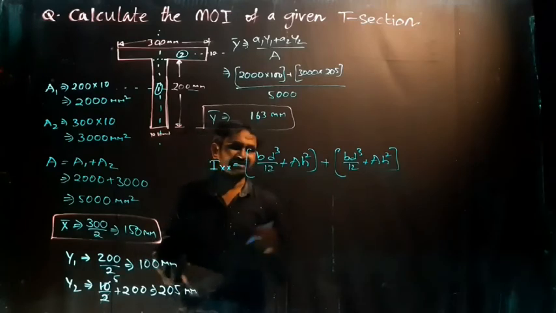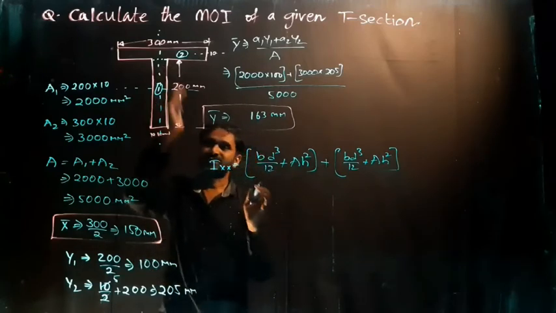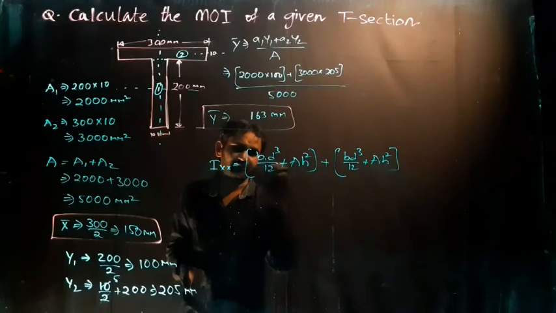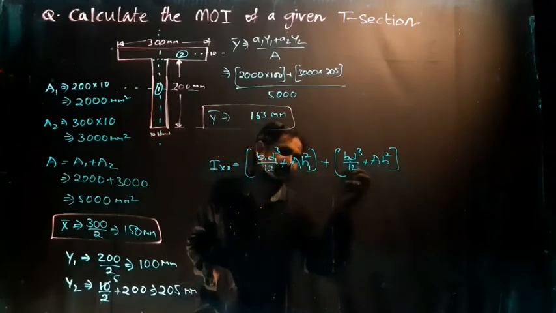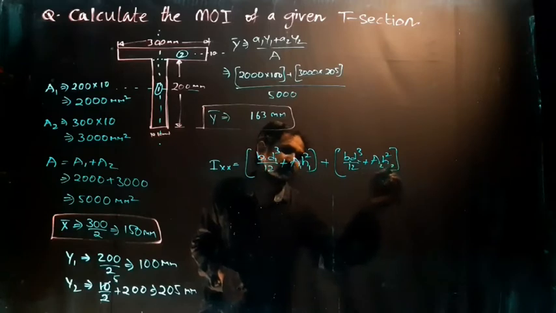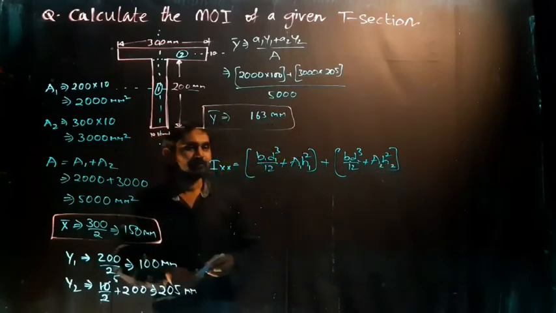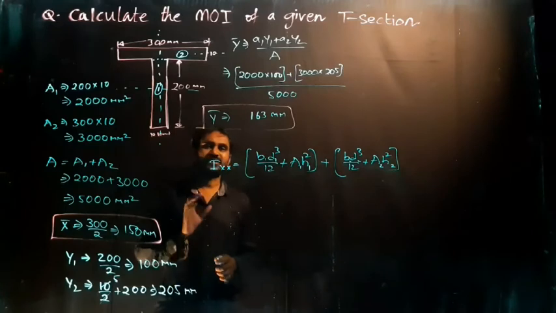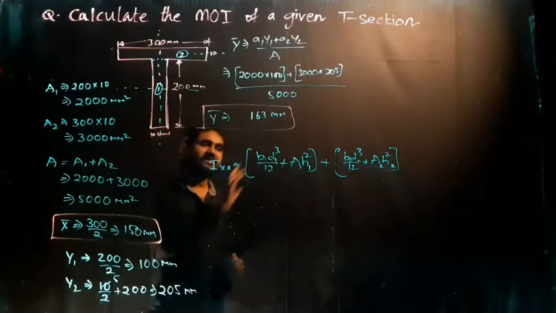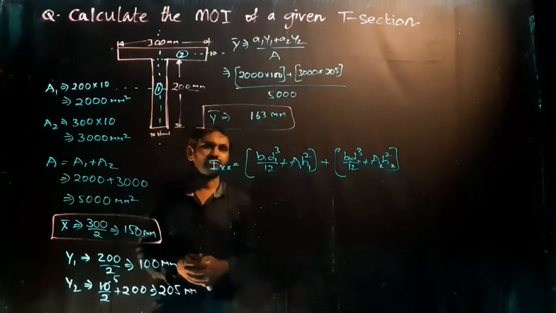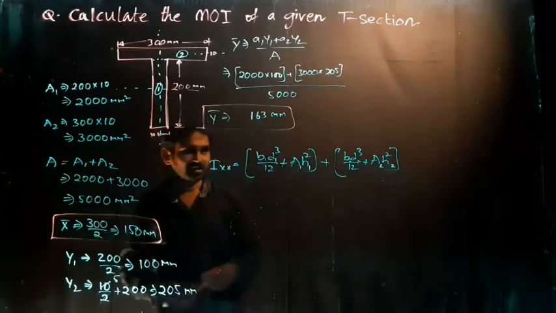For example, this is for the first section. So I'm writing here B1, D1, A1, H1, B2, D2, A2, H2. B1, D1 indicate the width and depth of figure number 1. A1 indicates the area of figure number 1. H1 indicates the height. How to find the height?